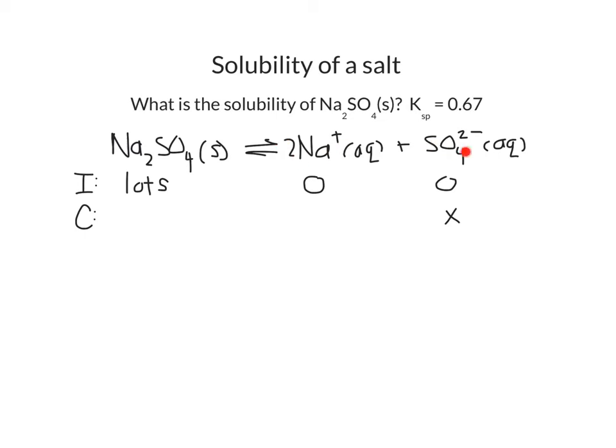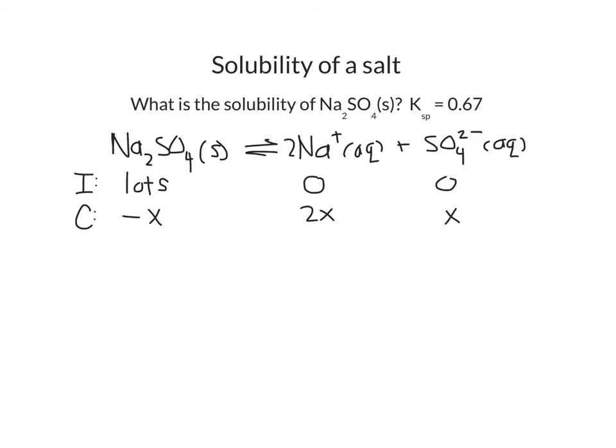So if I make X sulfates, I have to make 2X sodiums. And that has to have come from somewhere, so I have to have lost, so minus, X amount of the sodium sulfate.